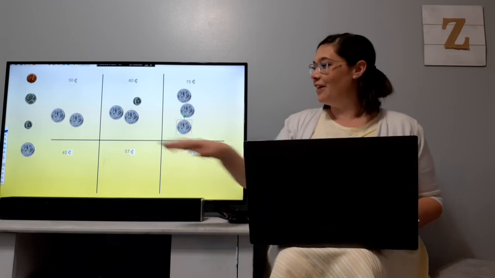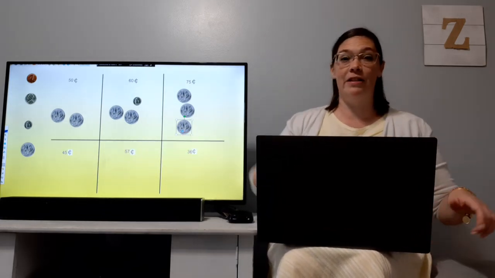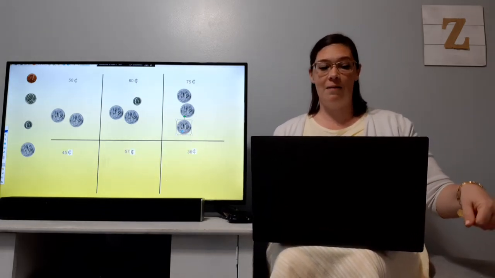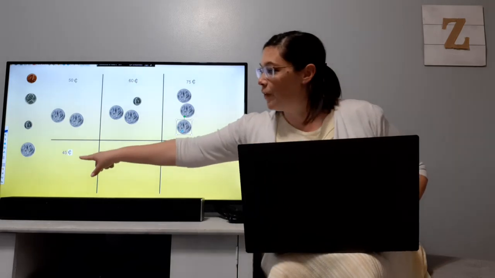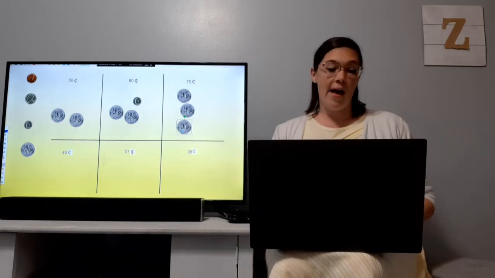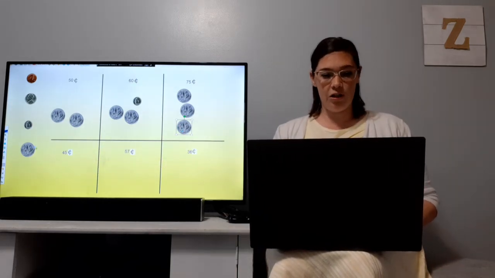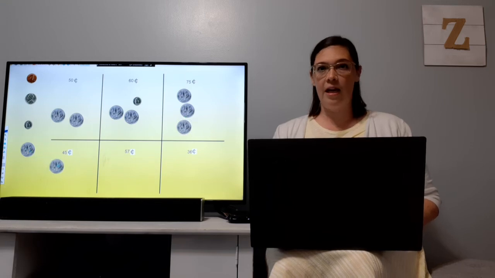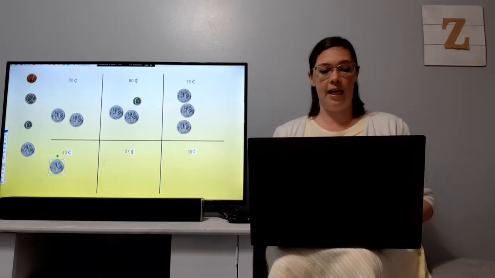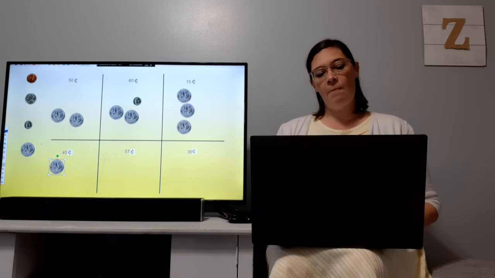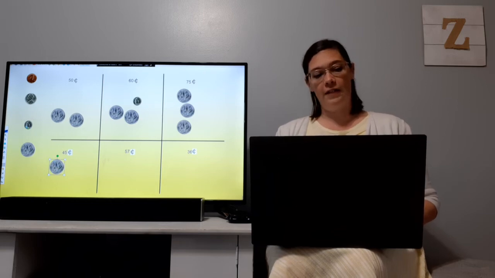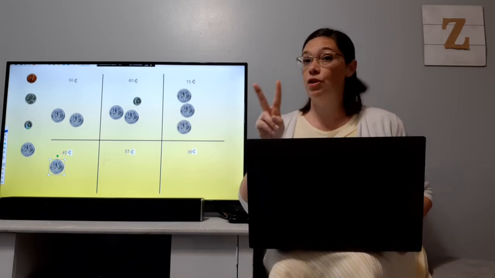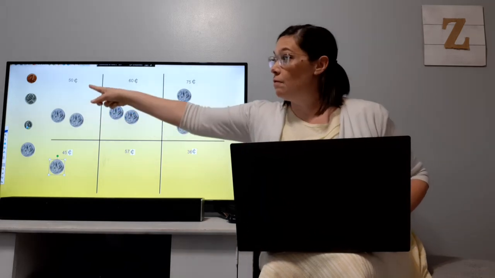Okay, let's take a look here. Now these are some crazy amounts of money. Let's look at this one. 45. Well, that's more than 25. So I'm going to start with a quarter because I want to put as few coins in my hand as I can. Then let's count by tens and see if we can get to 45 cents, because we can't use 2 quarters because that would be 50 cents.